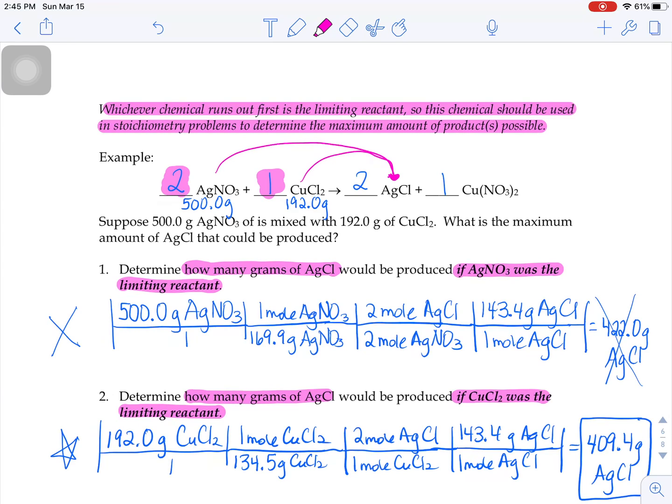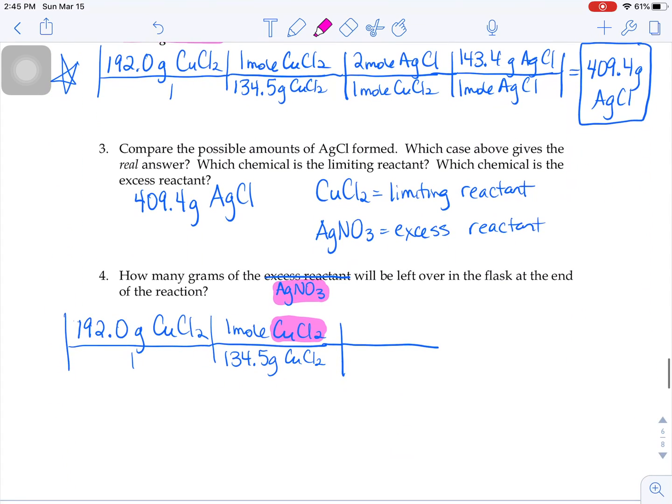Since I want my moles of copper 2 chloride to cancel out and go away, I'm going to put the 1 mole of copper 2 chloride on the bottom for every 2 moles worth of silver nitrate.